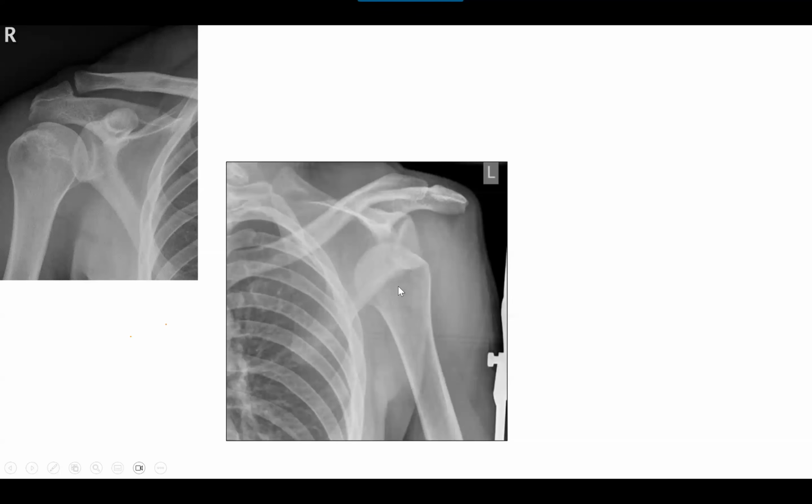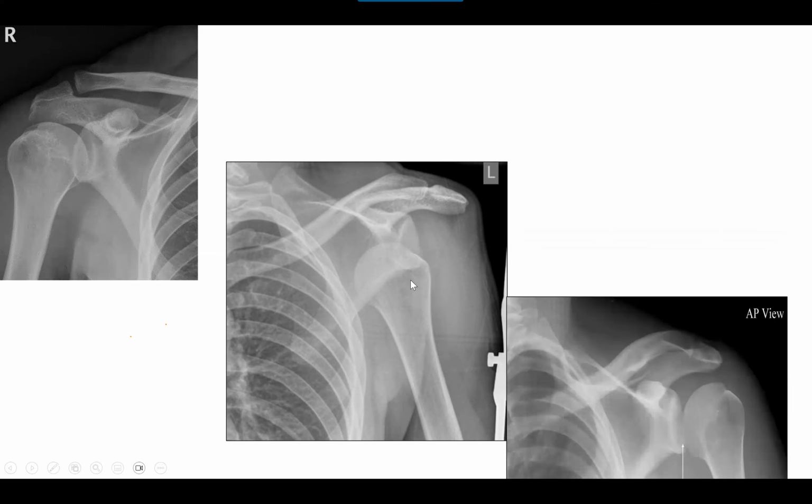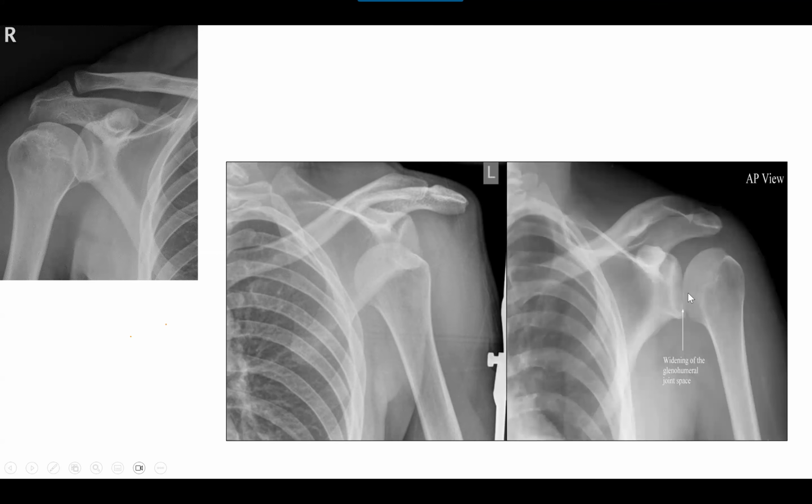It's very easy to diagnose anterior shoulder dislocation because the humeral head, let's describe it, is displaced inferiorly and medially. This equals the diagnosis of anterior shoulder dislocation. What about posterior shoulder dislocation? It's difficult because the humeral head is displaced posteriorly.